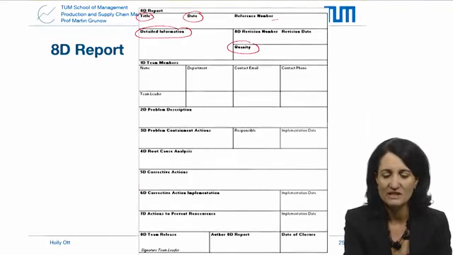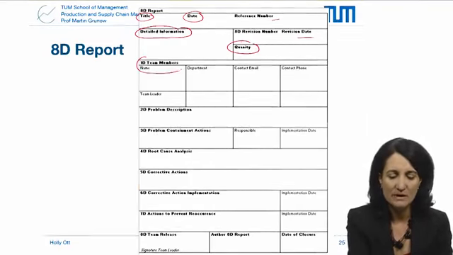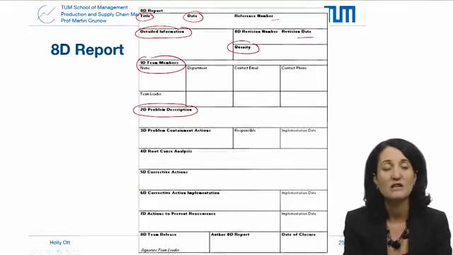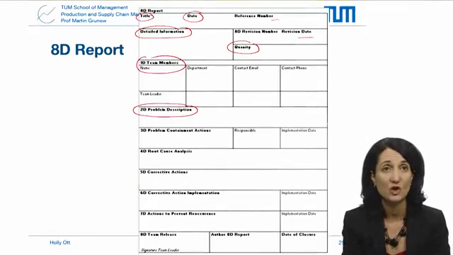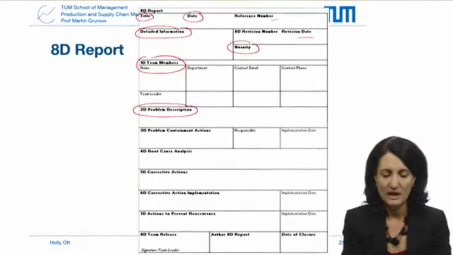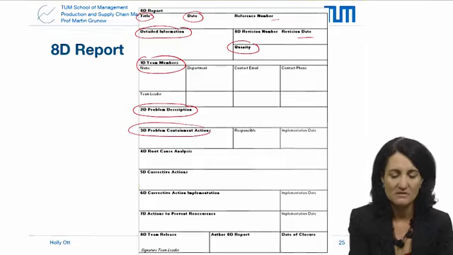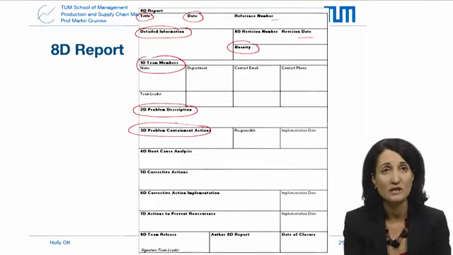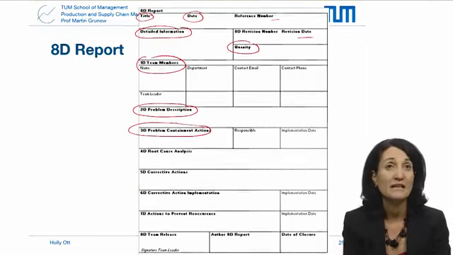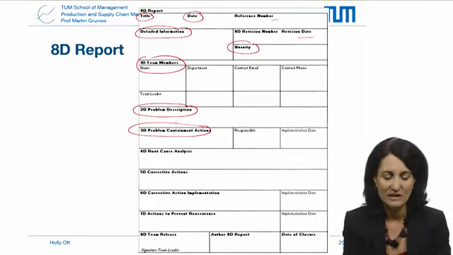Kind of revisions and reference numbers. You've got your team members, the problem description, and that could include also additional data to show what the problem is. The containment actions, also very important for future documentation, when you're looking back, in case there's been another escape, and you need to know what has been contained.